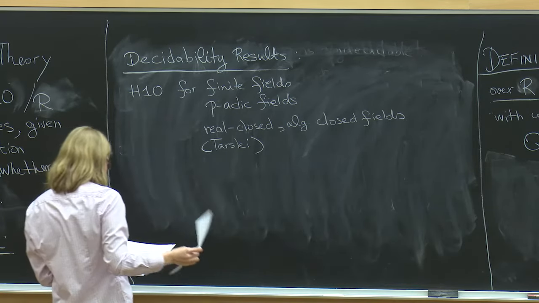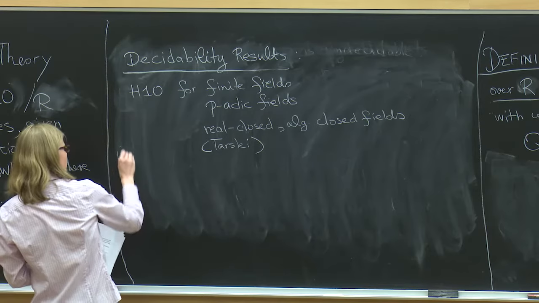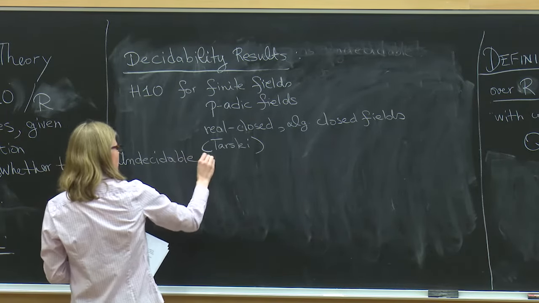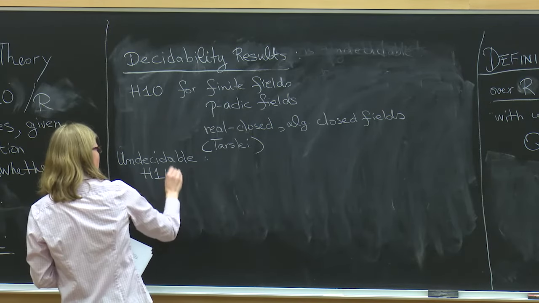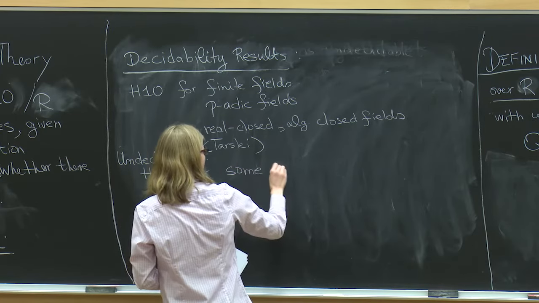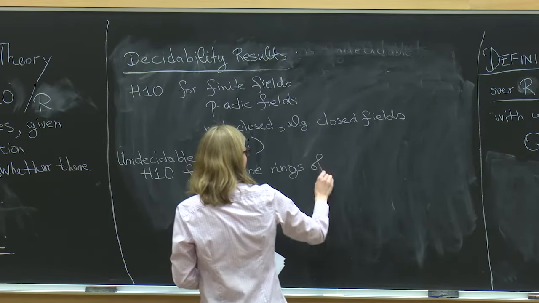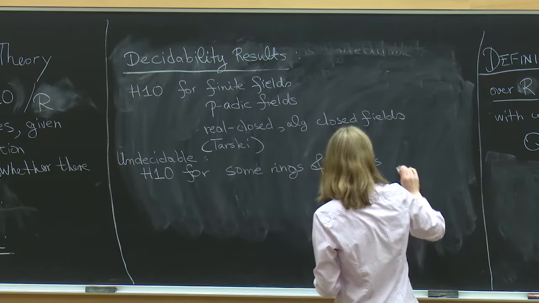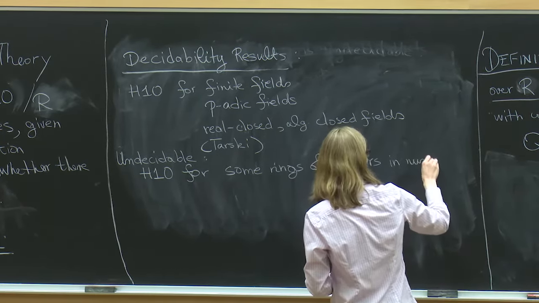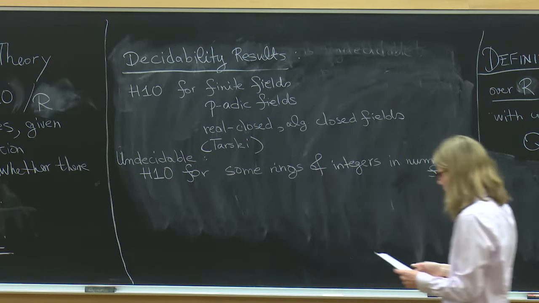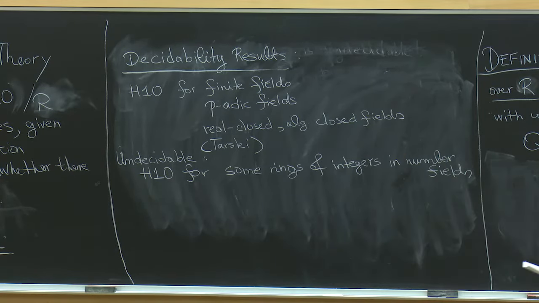Now, it's also known to be undecidable for a bunch of rings. It's undecidable for some rings of non-integers in number fields, finite extensions of Q. This was work of a bunch of different people: Denef, Lipshitz, Pheidas, Shlapentokh, and Poonen.